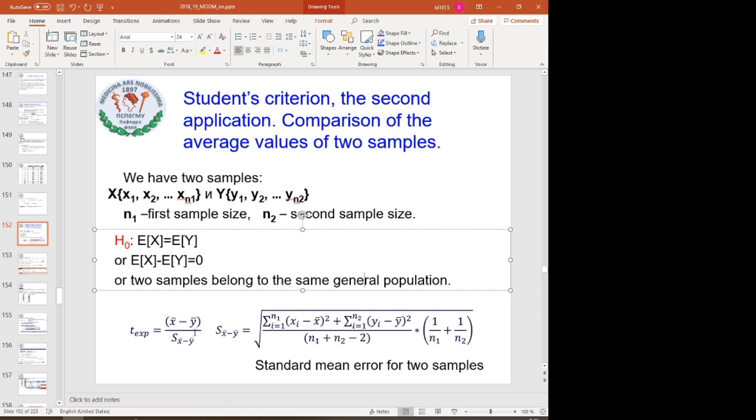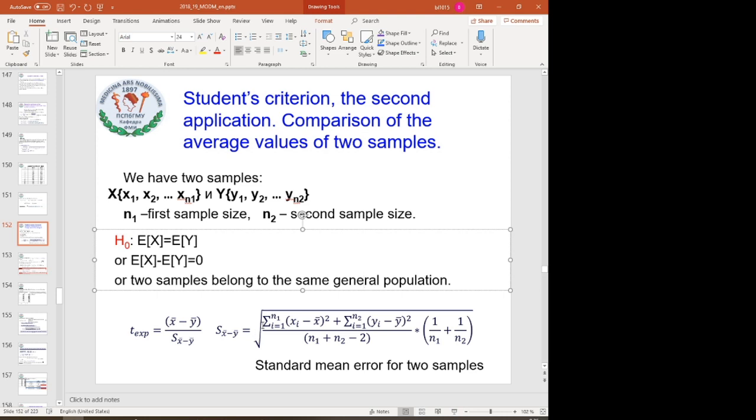How to calculate the experimental value for students' t-test? The numerator is the difference between mean values x and y, and the denominator is a variant of standard mean error, but not for one, for two samples this time.